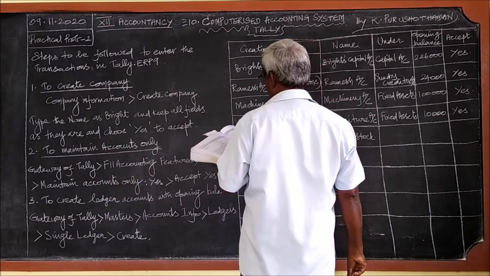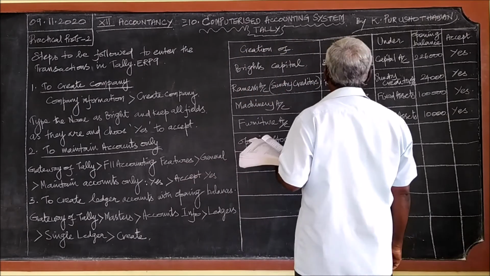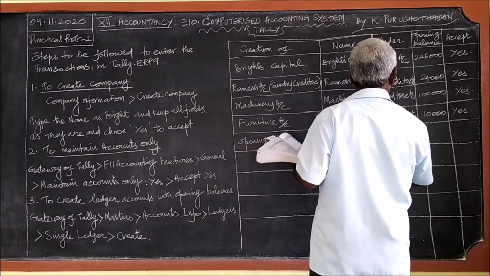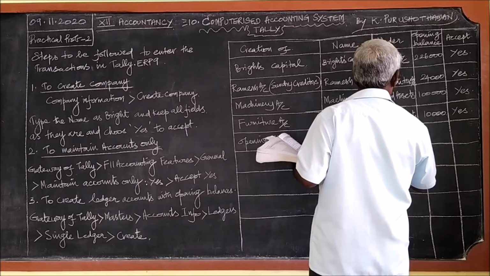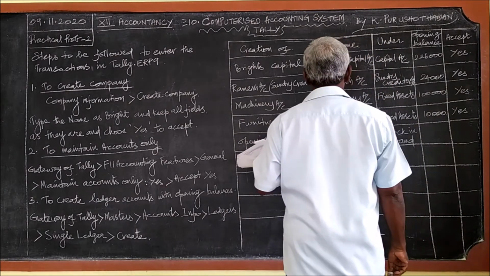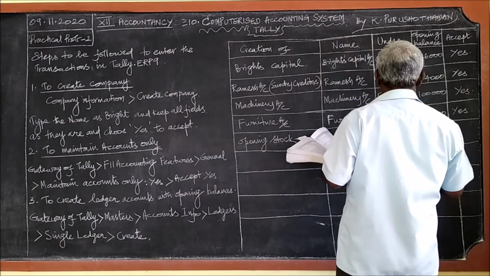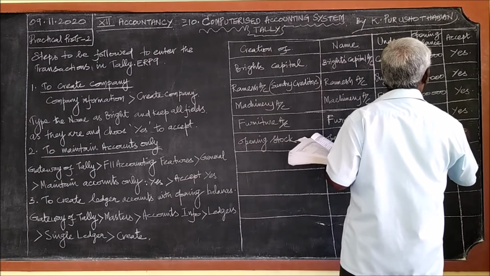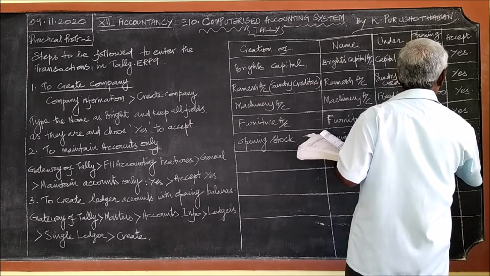Under what account should it be? It should be stock in hand. The value of the stock is 20,000. All the transactions are over, then accept yes.